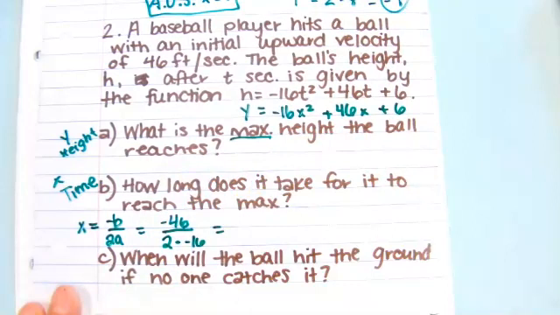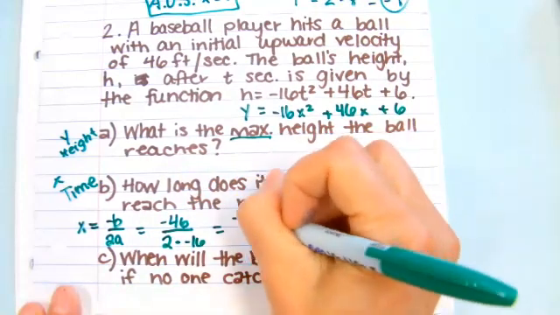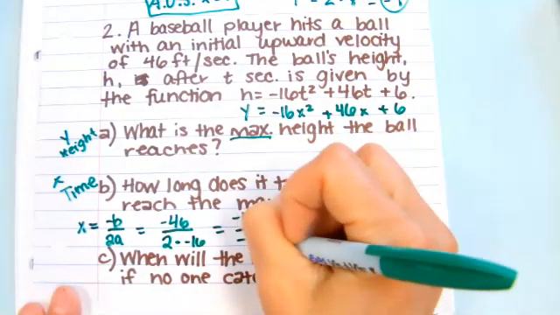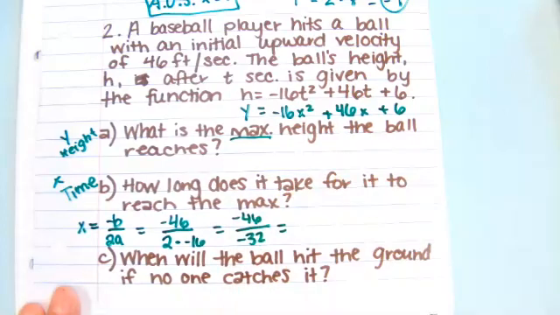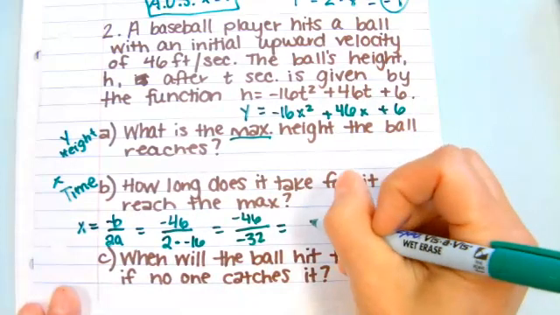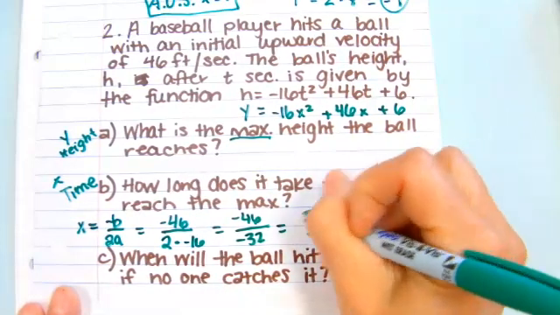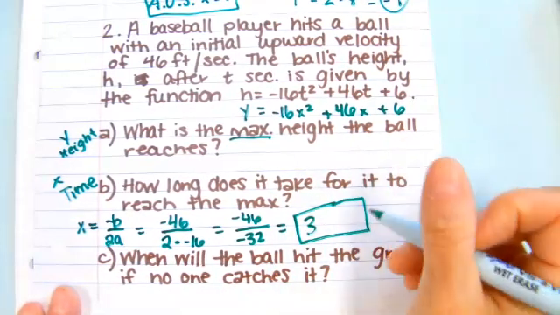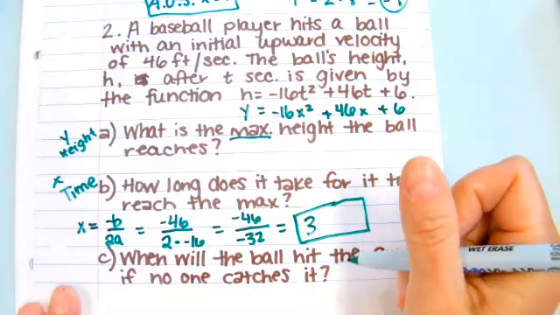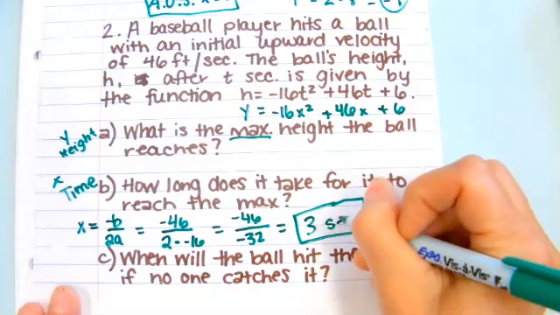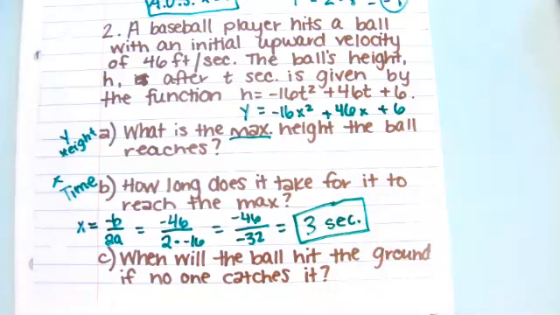So that's really negative 46 over negative 32. Divide that. What? Positive 3, right? Good. So remember, 3 what? Seconds. So that's the answer to this one.